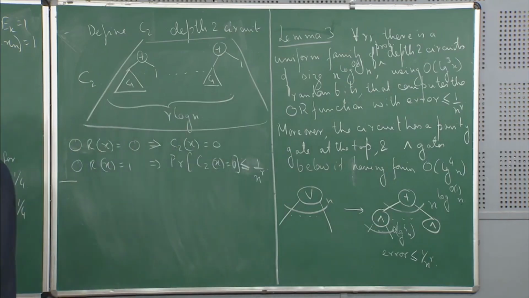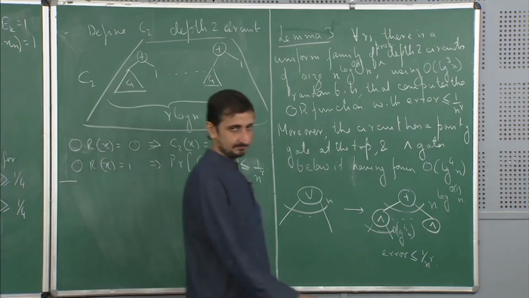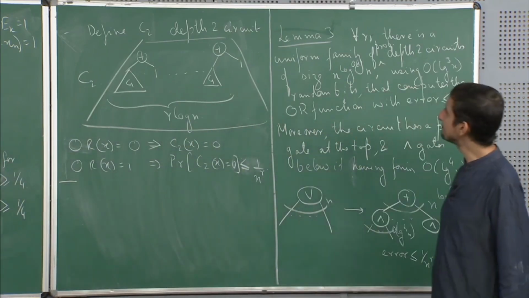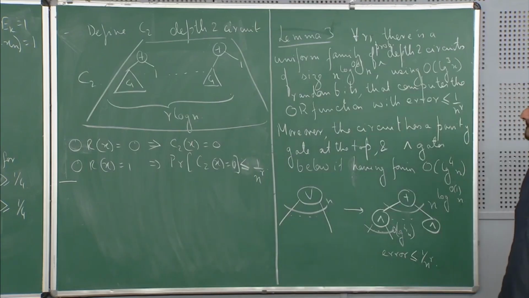Any questions? You should also have a circuit for computing OR at the top. When we just have copies, we also need to take the OR after that. The OR can be written as a polynomial using parity and times.